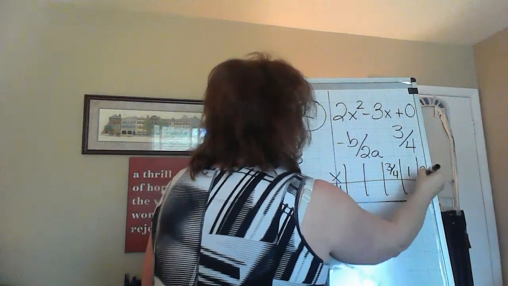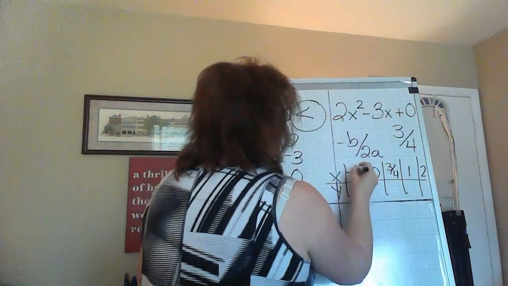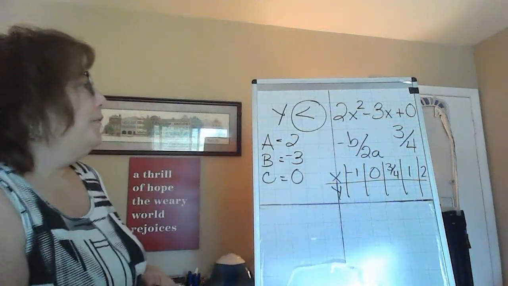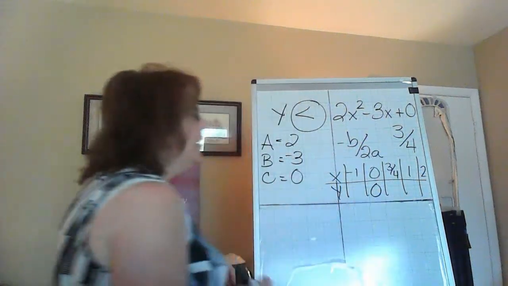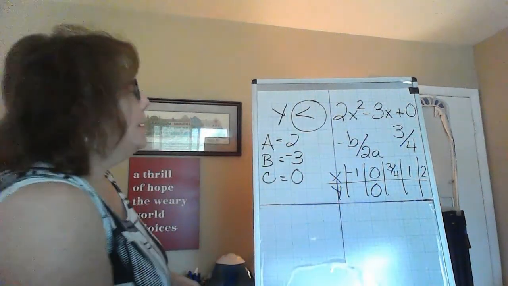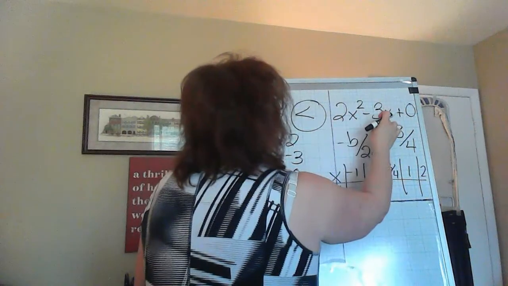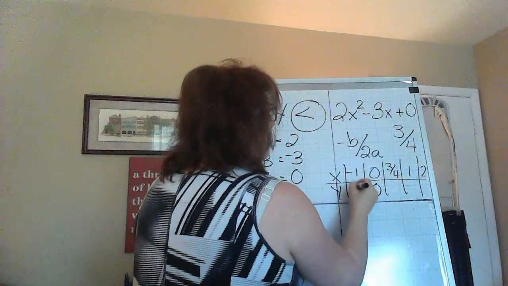1, 2, and then 0, -1. I'm going to go through and find out my values. So when I put 0 in, because of this, it's 0. The -1 is going to give me 2 plus 3, so that's going to give me 5.